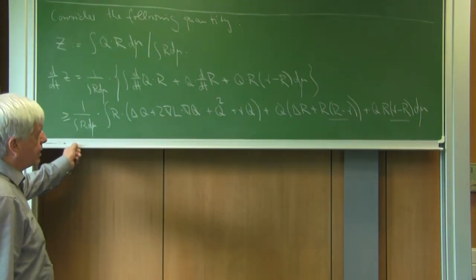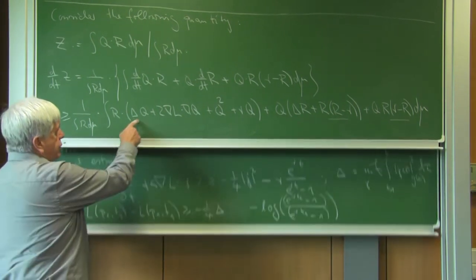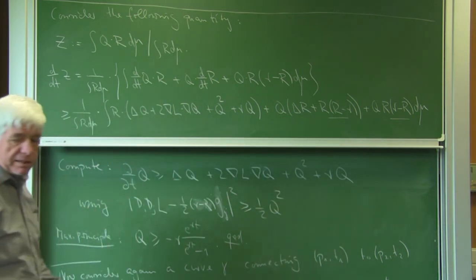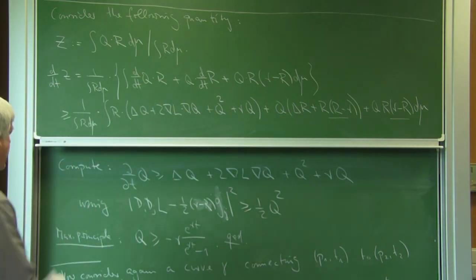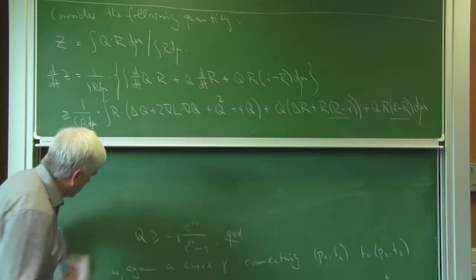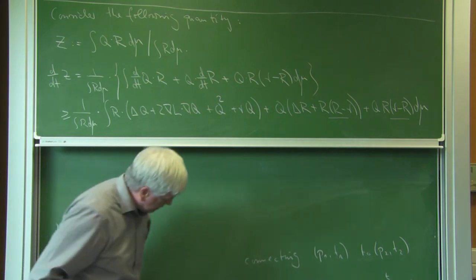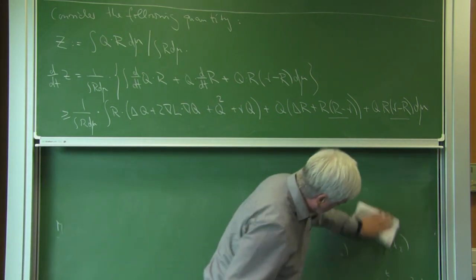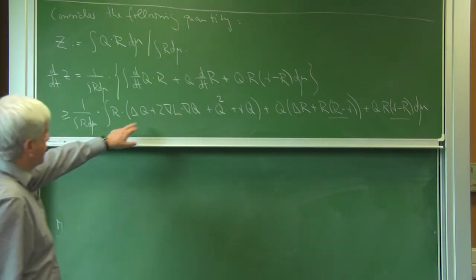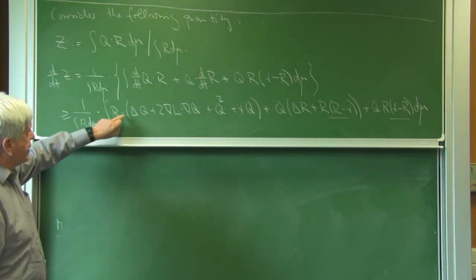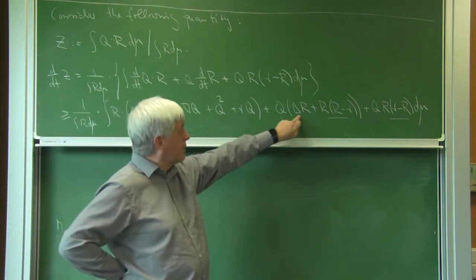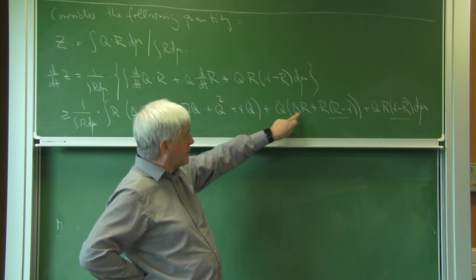And when we do the integration by parts on the Laplacian of q and the Laplacian of r there, then we see that this gives a minus gradient r times gradient q, just like this one gives a minus gradient r times gradient q.